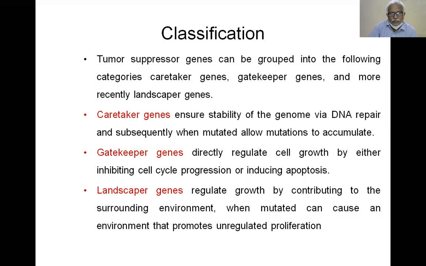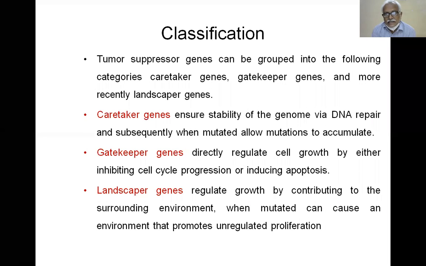These are the simple colloquial terms into which the tumor suppressor genes are grouped. The first one is caretaker gene, the other is gatekeeper gene, and more recently another group, landscaper gene.